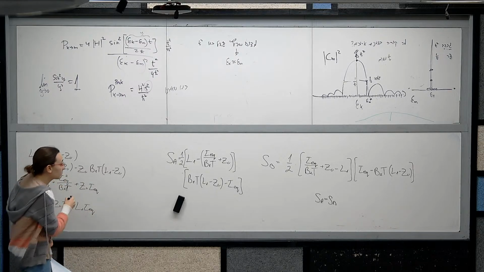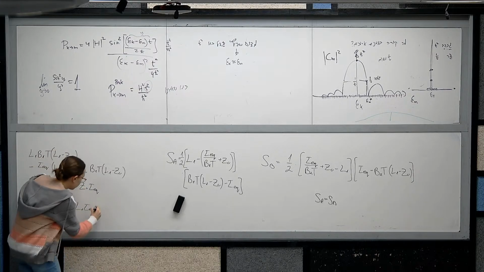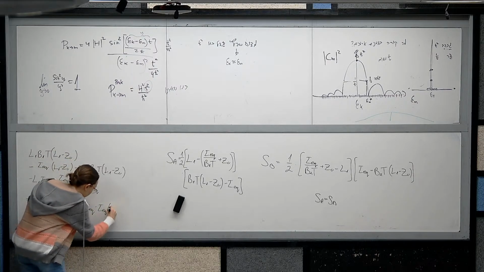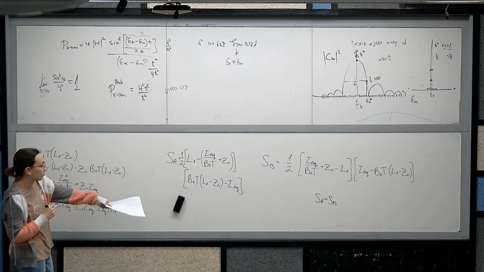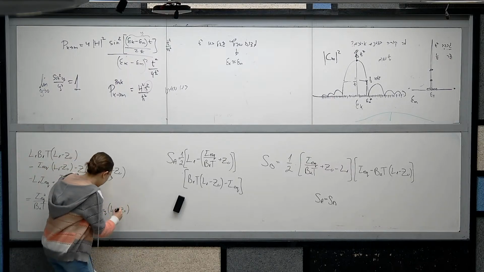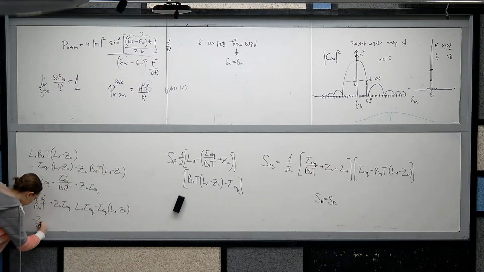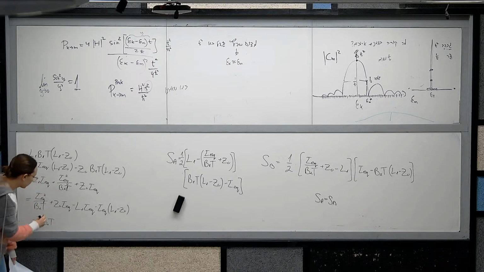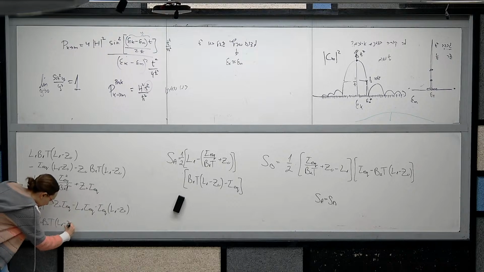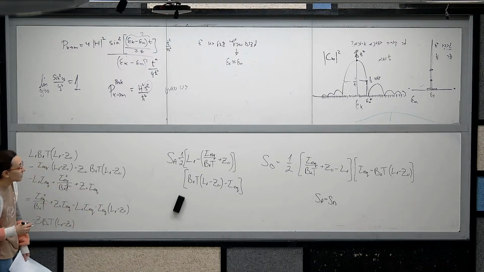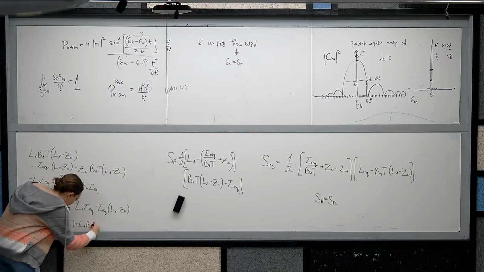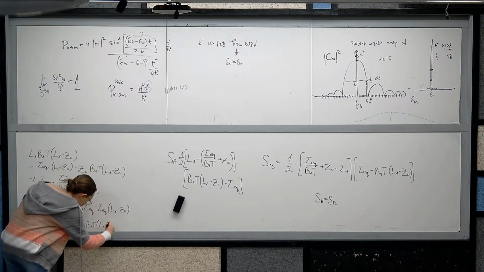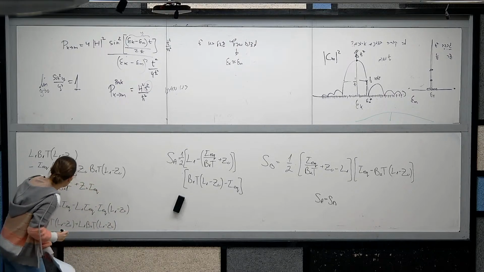And for the second term, so we have minus tau equilibrium (L1 minus Z0), minus Z0 B2T (L1 minus Z0), and the last term plus L1 B2T (L1 minus Z0).